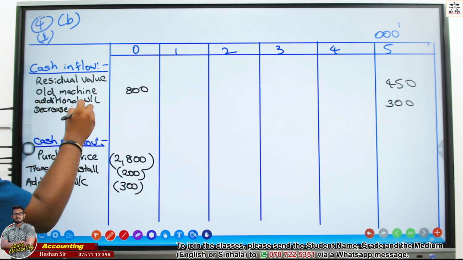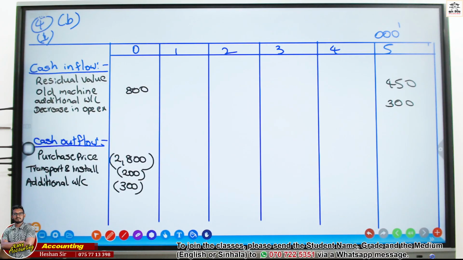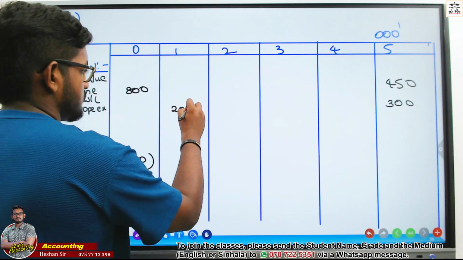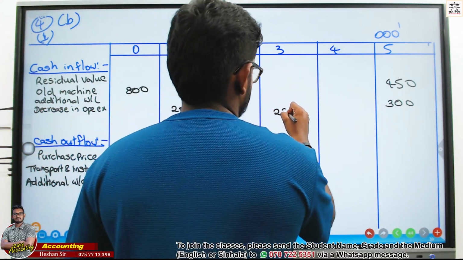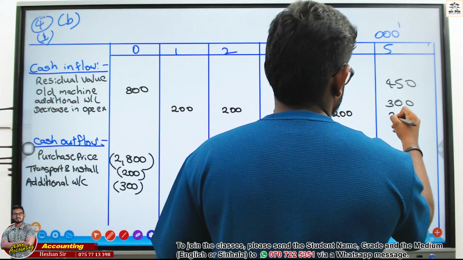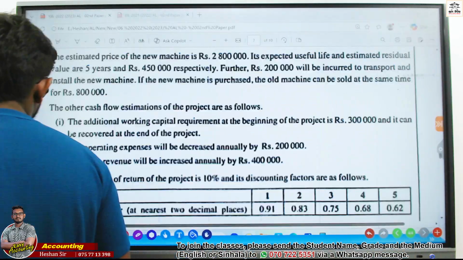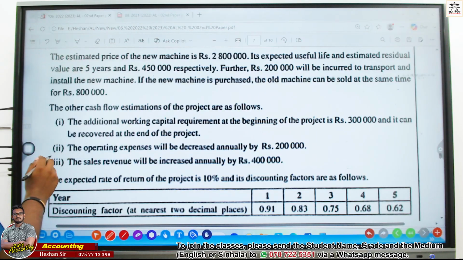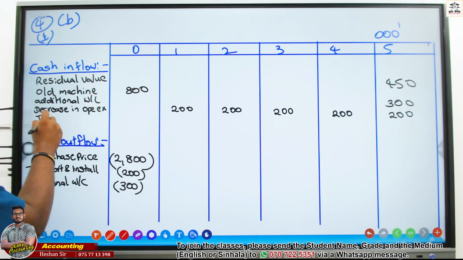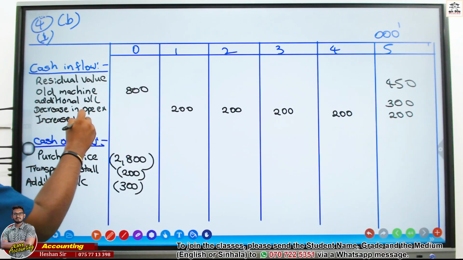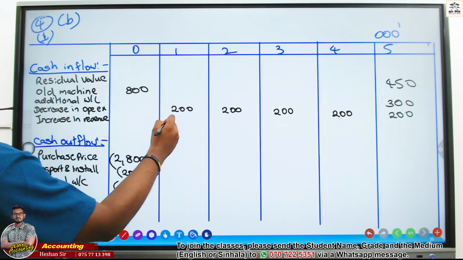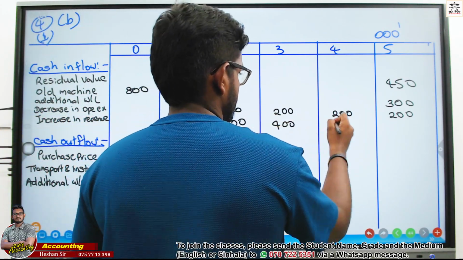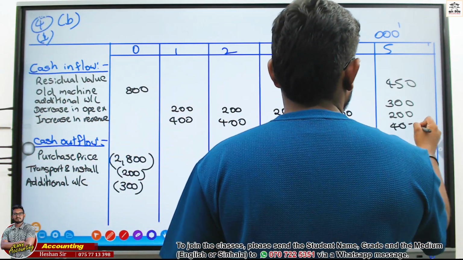Decrease in operating expenses, that is 200. Next one, increase in sales revenue 400. That's it.